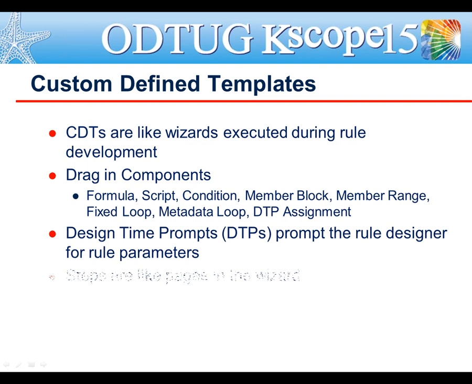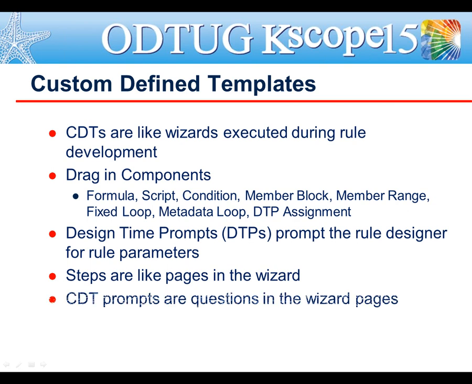The CDT designer creates design time prompts, DTPs, and those prompt the business rule designer to answer a series of questions. The CDT designer also organizes those prompts into steps. Steps are like the pages in the wizard that the business rule designer sees. The CDT prompts are the questions on those wizard pages.